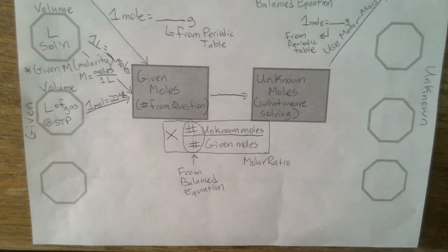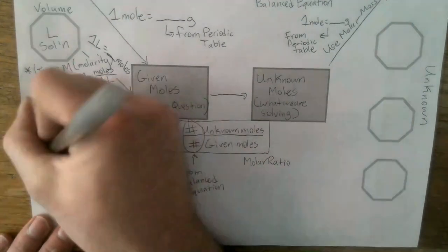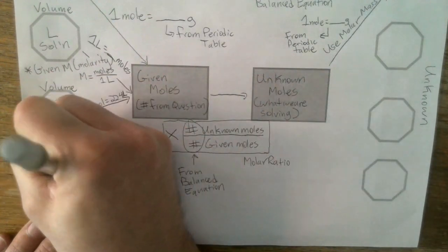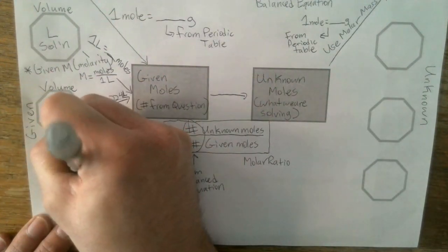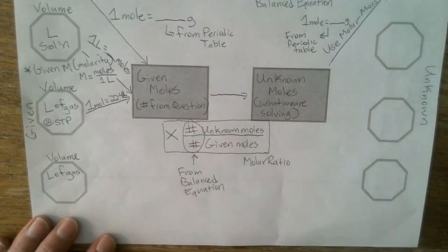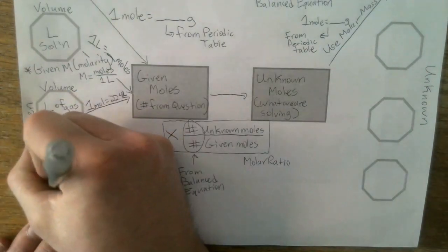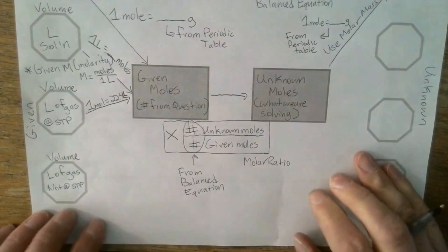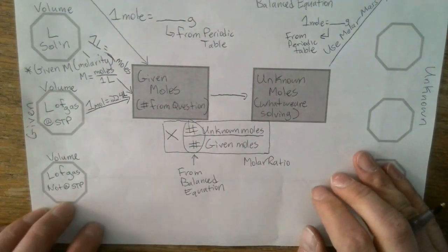Now, we need to read it carefully because there are going to be times when we're given a certain amount of liters of a gas, and we're trying to solve for it when it's not at STP, or standard temperature and pressure.